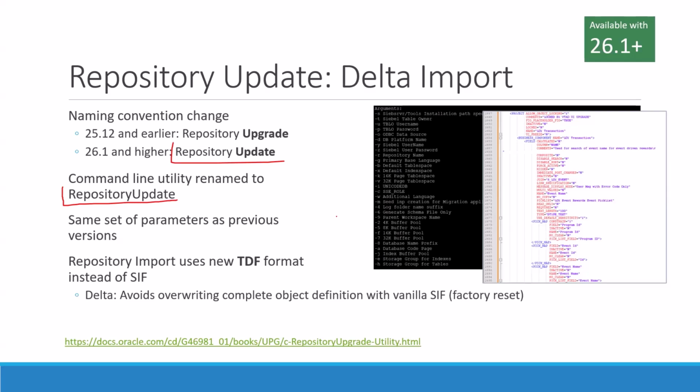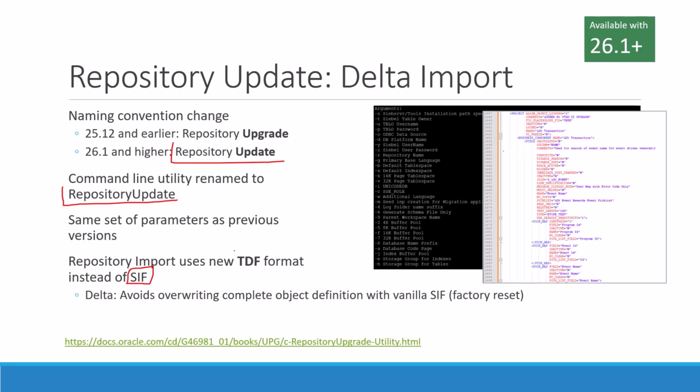But there's one big difference. If you look into the zip files, there's a repository update zip file that has all the changes from Oracle since version 20.3. It used to be zip files until 25.12. So you got more or less 60 plus zip files that were, in the worst case, imported at the same time into your repository if you never ran the repository upgrade.